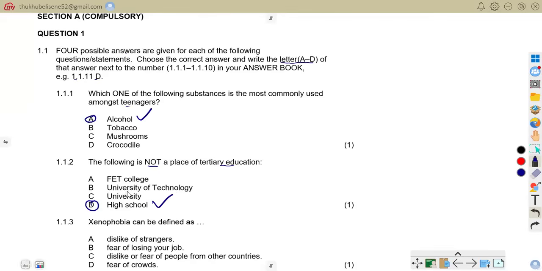The three other options are places of tertiary education: FET College, University of Technology, University. But high school is not, that is why it is the correct answer.